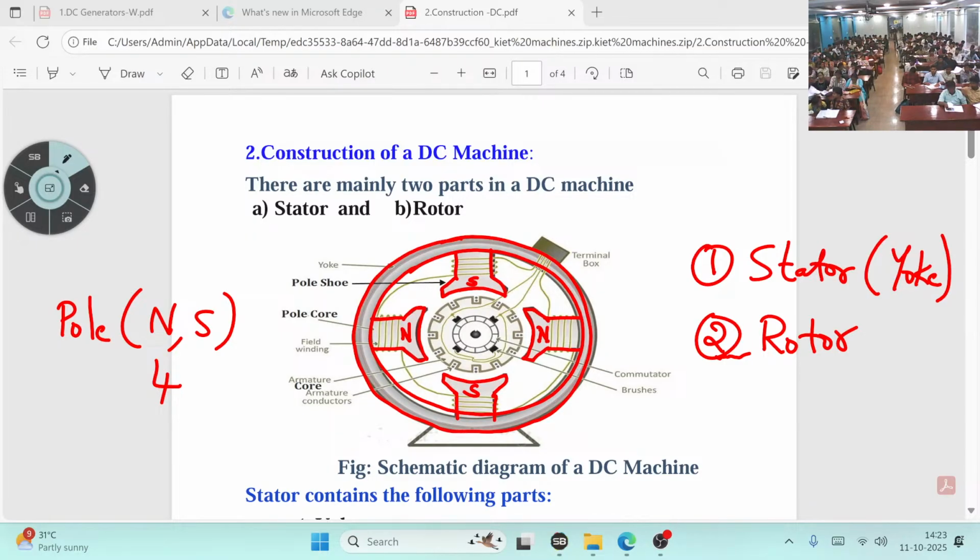It will generate the flux, or it will absorb the flux. That means in order to get the magnetic field, we require poles. I have drawn the main principle, north pole, south pole, and the rotor rotates in that. Depending upon that principle, we manufacture this DC generator.